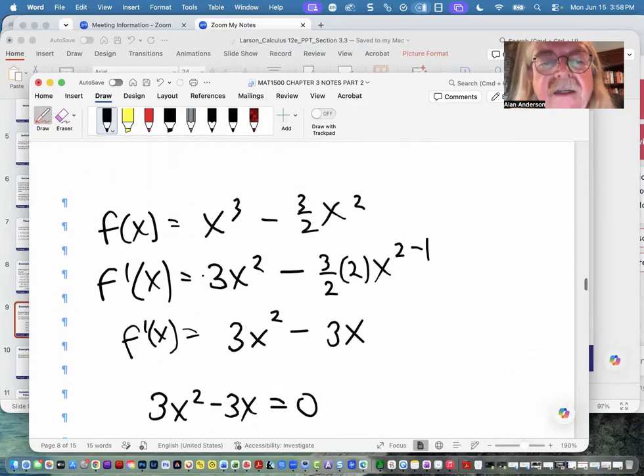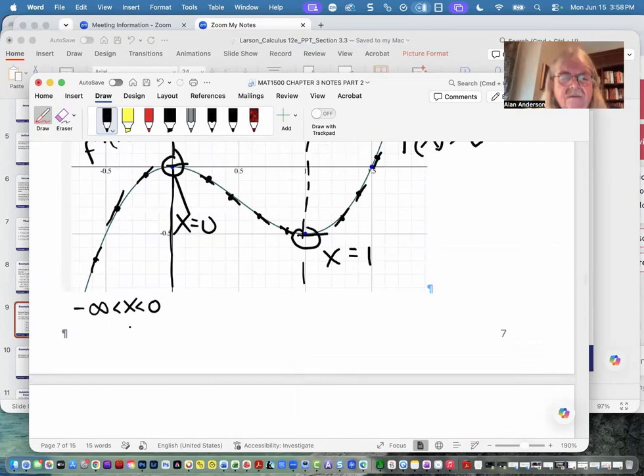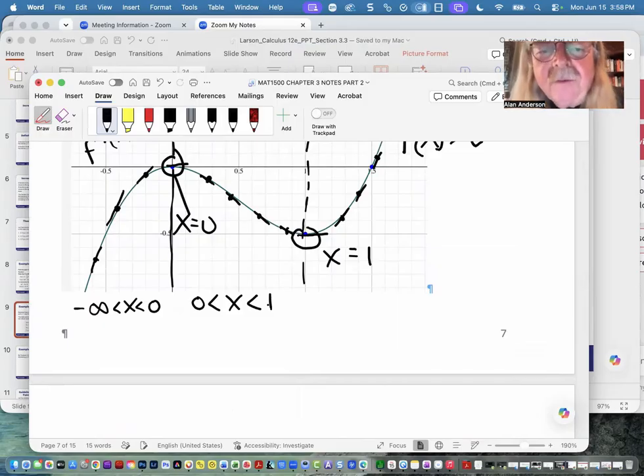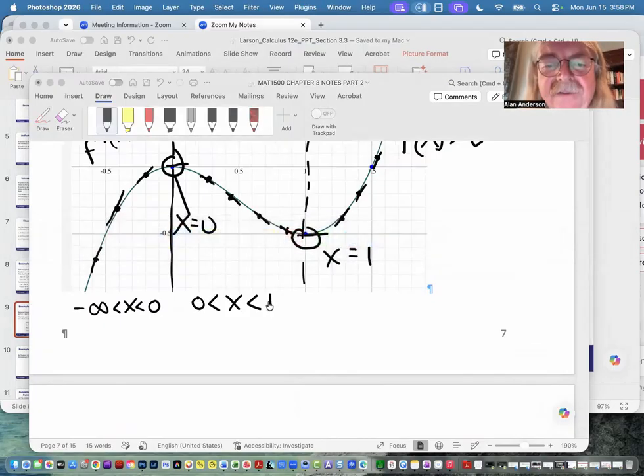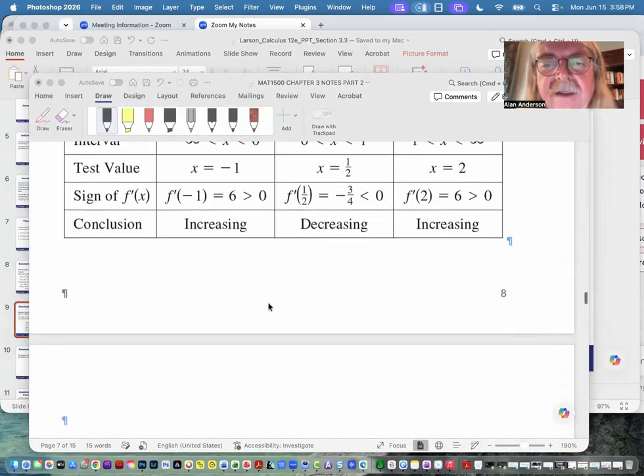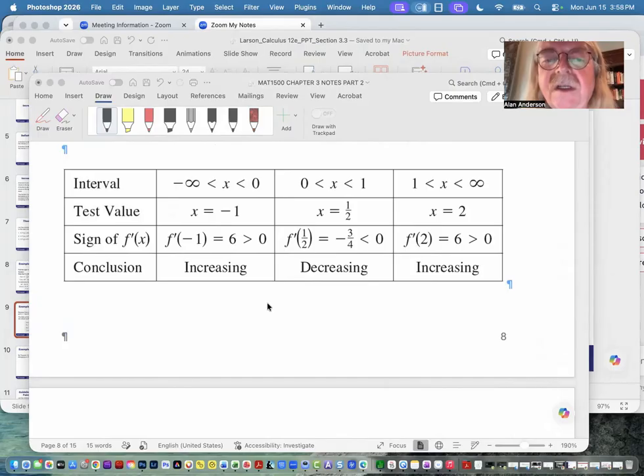Then we look at the second interval, which is 0 to 1. And then we randomly pick 1/2 because we know that that's in the interval, evaluate the first derivative at 1/2, and come up with -3/4, which means that, of course, the function is decreasing.